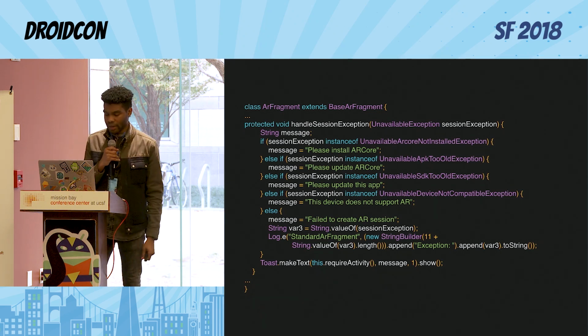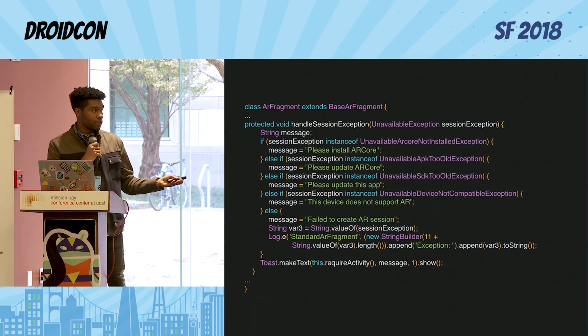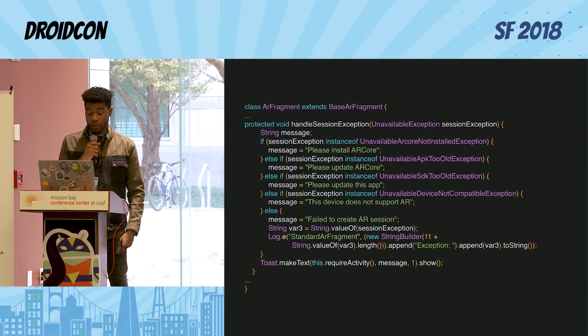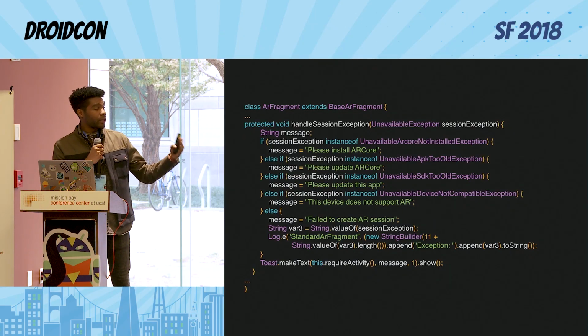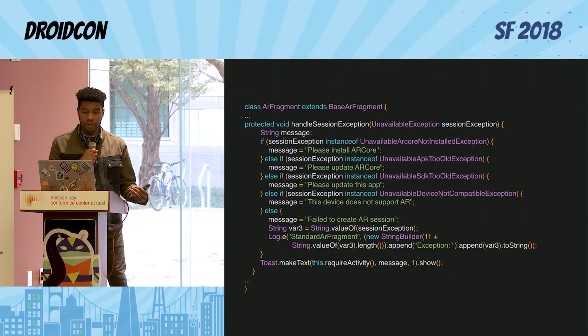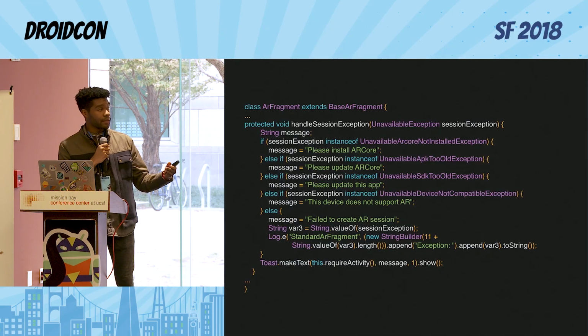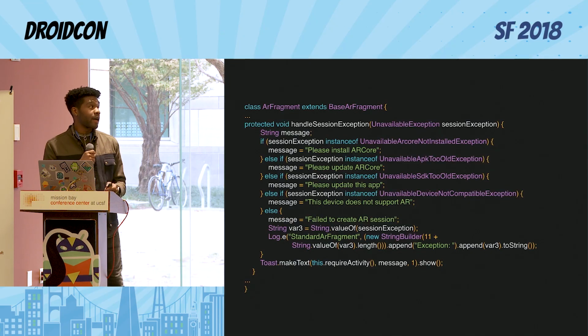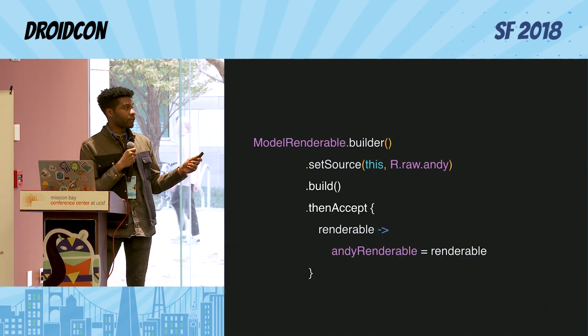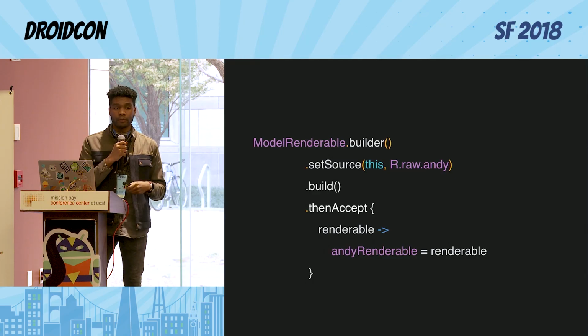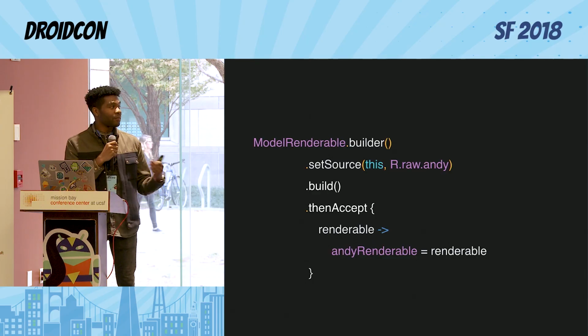Of course, you can override it and handle it as you will, but this is just what's given to you using AR Fragment. All of these, again, you can extend from and make your own, just to give a little bit more customization. And you're going to need the AR scene view, which the AR Fragment utilizes, for the next step, which is adding the renderable that your model renderable renders to that view.